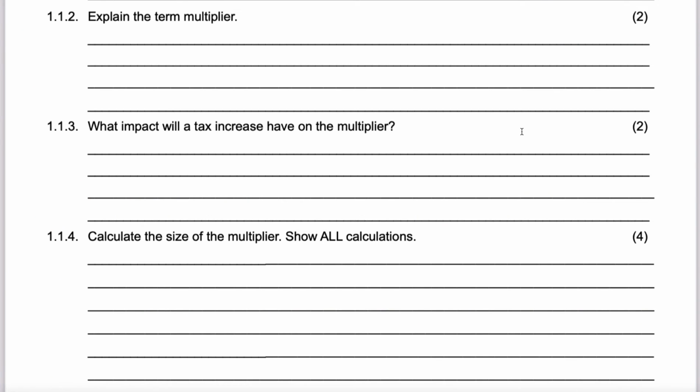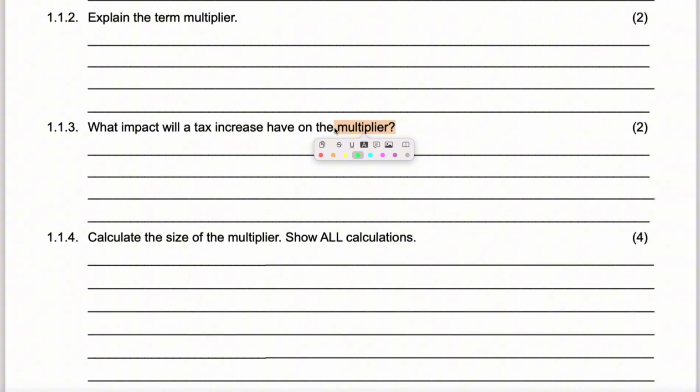So the answer we're looking for here is that the multiplier, because you must answer the question. The question does not ask what happens to income, it's specific what would happen to the multiplier. So we would mark you for saying the multiplier will decrease. So we are looking for the word decrease on the multiplier.